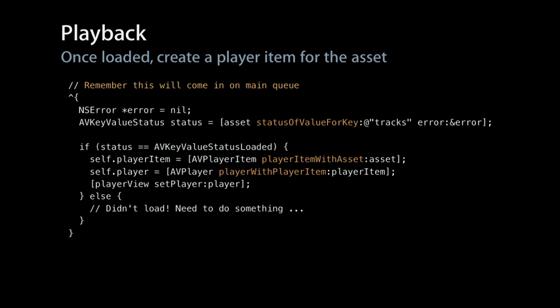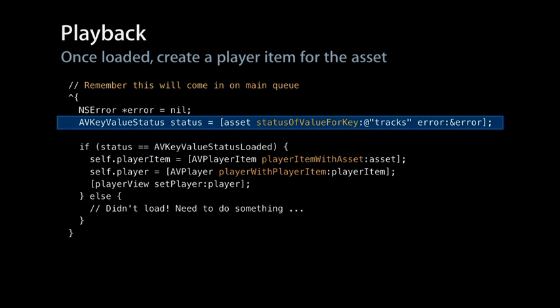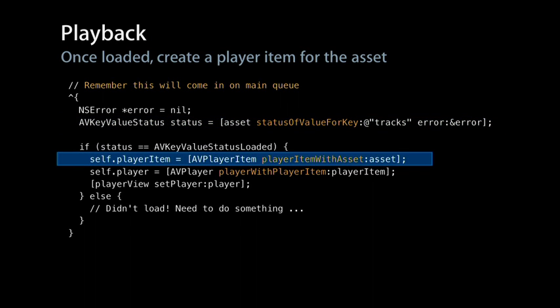So here's the completion block we're going to execute. The first thing you do is check the status of the tracks. If the tracks are loaded, then you can create a player item for the asset. Starting with iOS 5.0, you only need to load properties that you directly access, but you should still explicitly load tracks if you are supporting earlier versions.